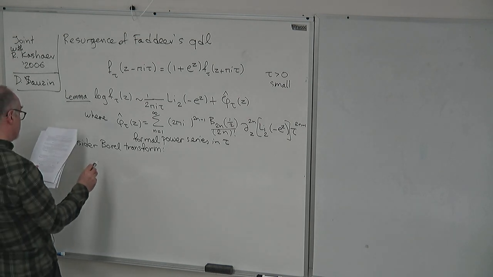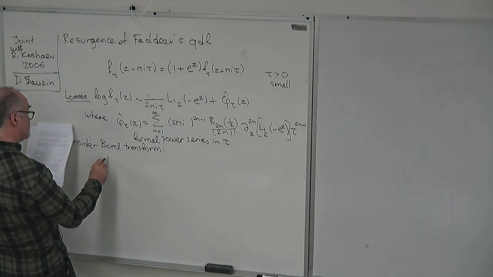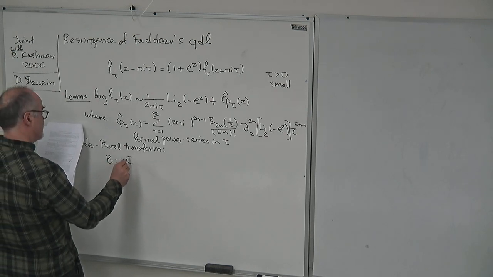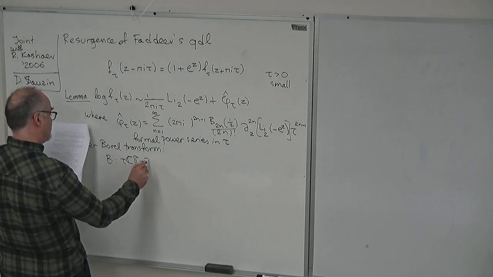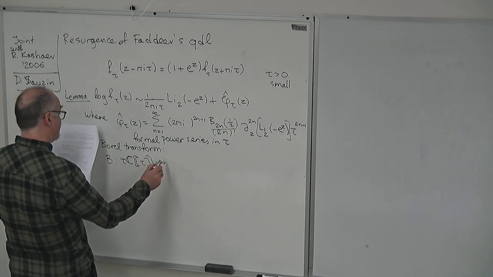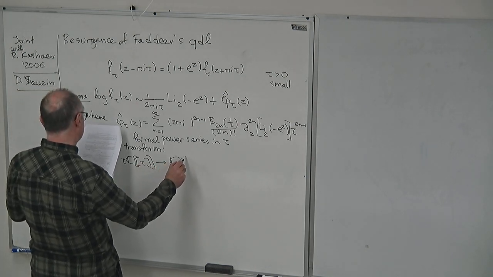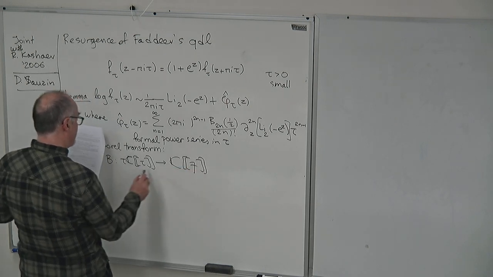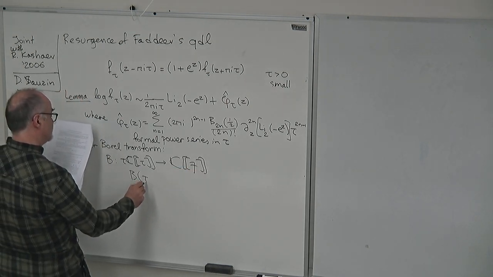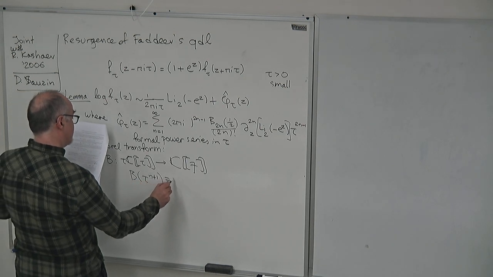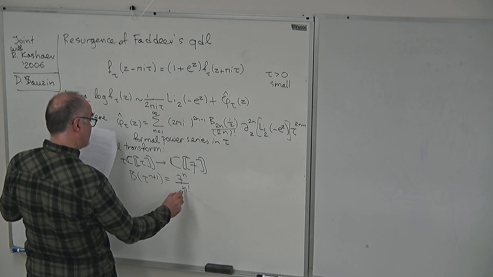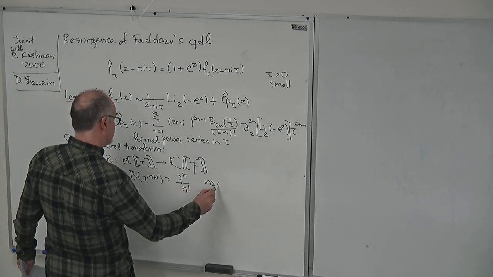So let me define it for you. The Borel transform of tau to the n plus 1 is xi to the n over n factorial, where n is greater than or equal to 0.